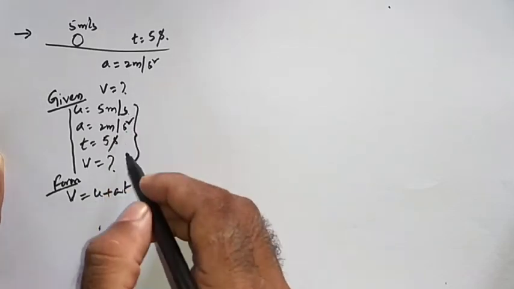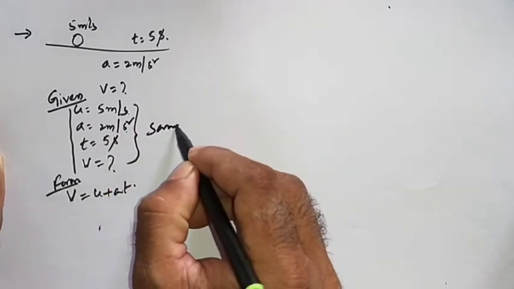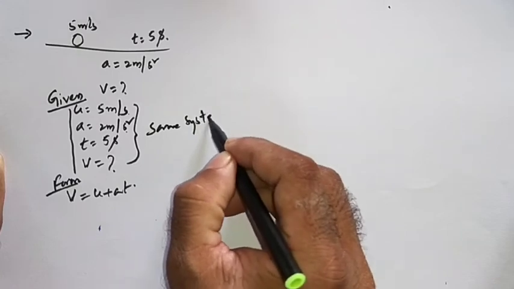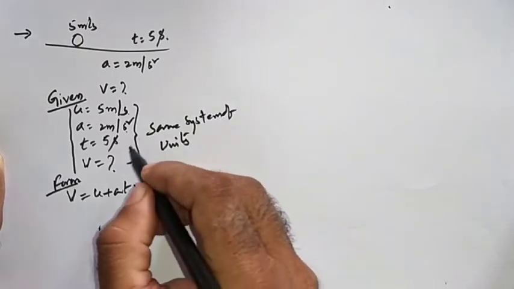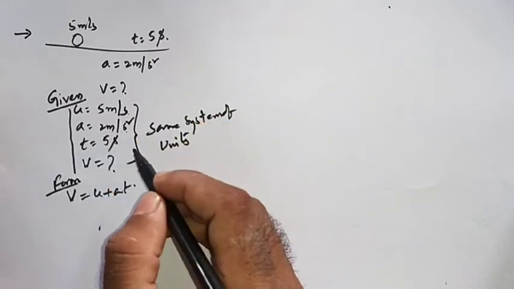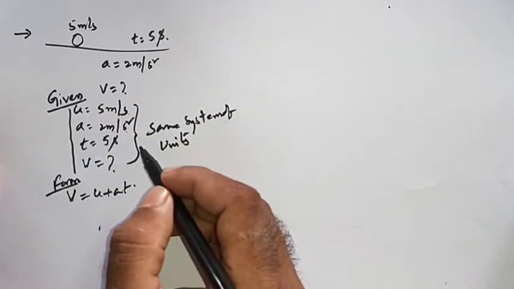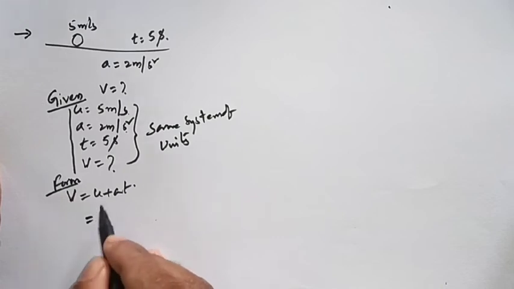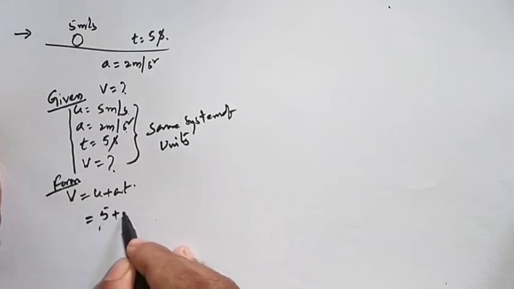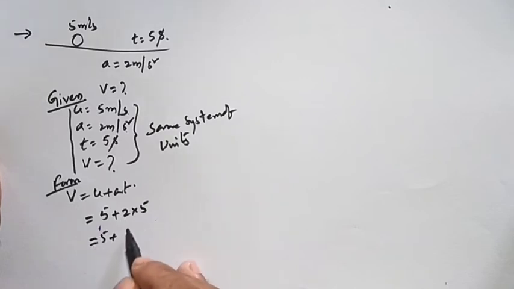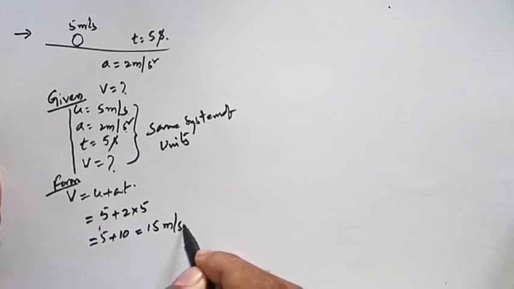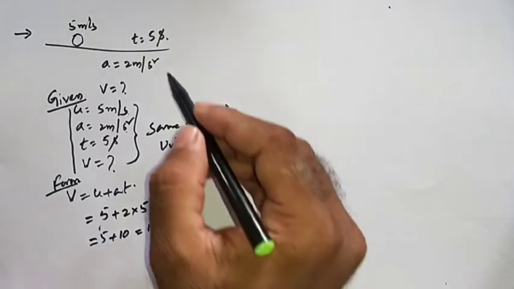So all the given data is in the same system of units. If it is not, then you convert. You know how to convert it. Then you substitute: u as 5 plus a is 2 into t is 5, that is 5 plus 10, that is 15 meters per second is the velocity of the body after 5 seconds.